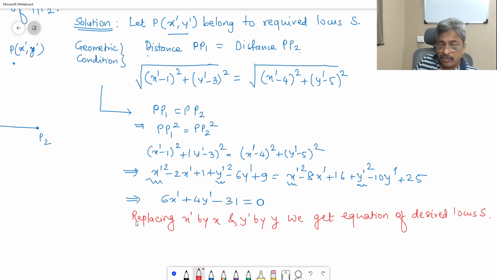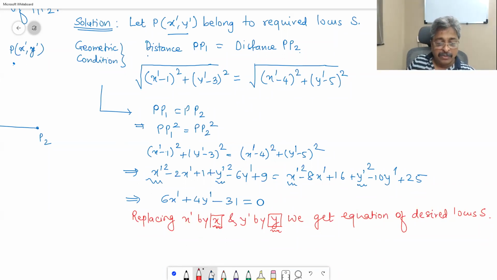So this line is important, because if you directly say that 6x plus 4y minus 31 is equal to 0, it is technically correct because you are dealing with one point x dash, y dash. Suddenly how can you say that they represent S? But therefore replacing x dash by x, because x is a real variable now, and y dash by y, which is a real variable. Do you understand? x dash and y dash were not variables, they were specific points. Whereas x and y are real variables, that is a moving point in the plane.